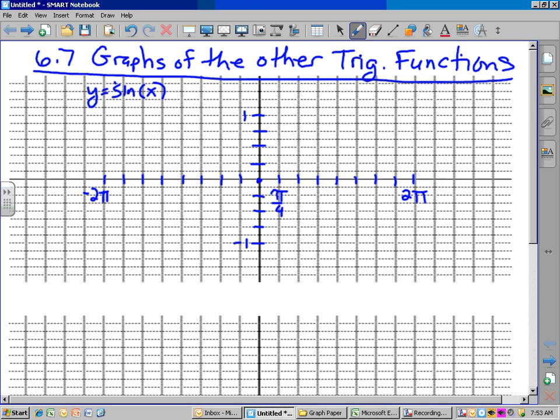Start at 0. Good. And then we'll go what? A little less than 0.75? 1, 0.75, 0. Then we go negative. 1, 0.75, 0. And that's the pattern.